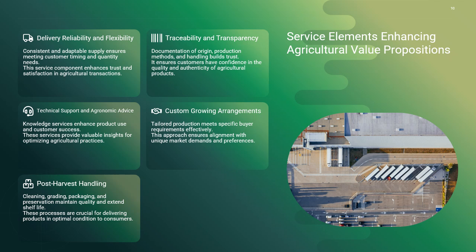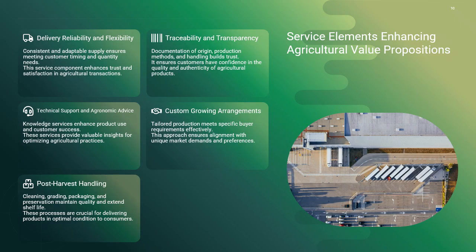A vegetable producer supplying restaurants, for example, might develop value propositions centered on consistent weekly deliveries with flexible adjustment options, reliable communication about upcoming availability, and the ability to accommodate special requests for specific varieties or harvest stages. Traceability and transparency provides documentation of origin, production methods, and handling practices to build customer trust.